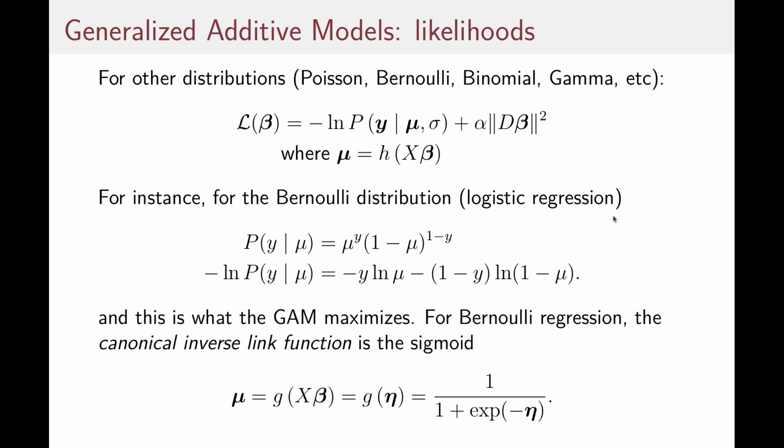I don't want to dwell too much on this. You can check out the references if you're interested. I think the most important thing to understand is the Gaussian case and how it relates to ridge and ridge with an inverse link function. Then you can take less of an optimization approach, which is what I have tried to do, and more of a statistical approach if you start with distributions and look at log likelihoods instead.